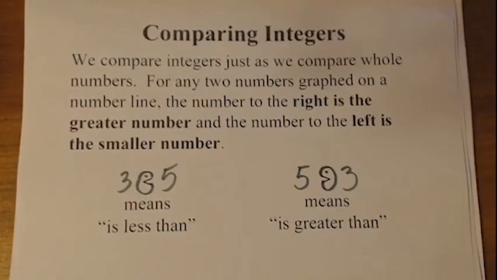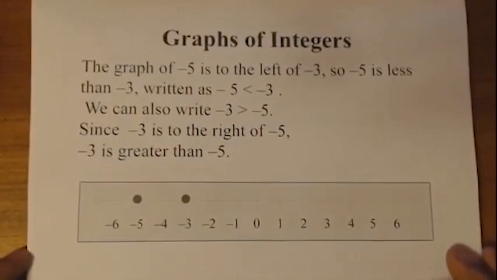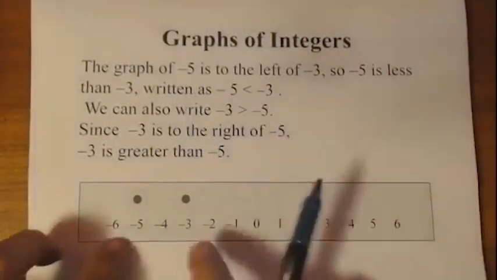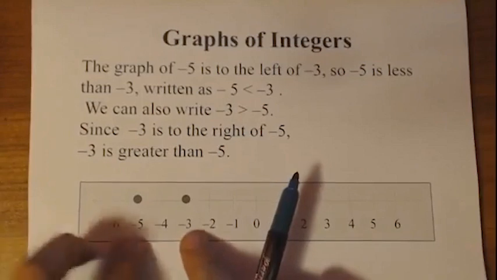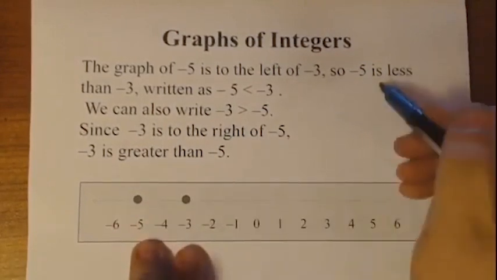Now, when we compare negatives with negatives, it's not as simple as just looking at the number itself. We need to think about location. So let's look at negative 5 and negative 3. Negative 5 is to the left of negative 3.